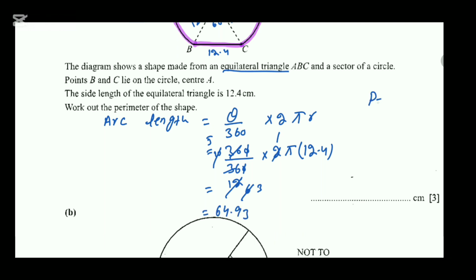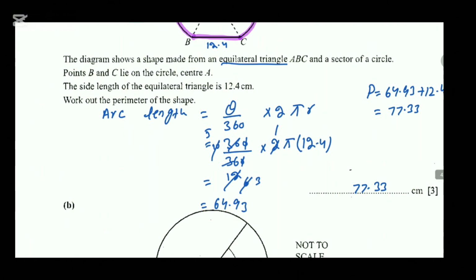So perimeter will be 64.93 plus that side, 12.4, 77.33. 77.33 is the final answer.